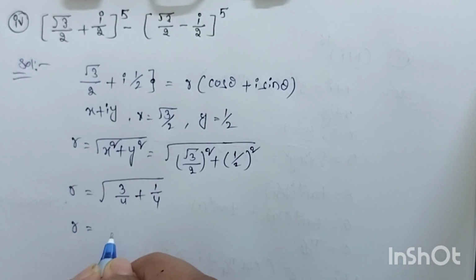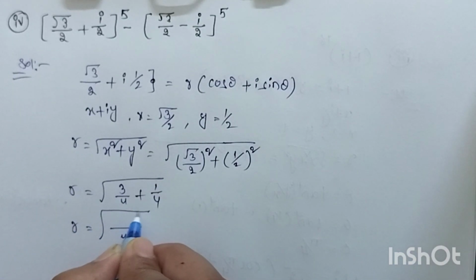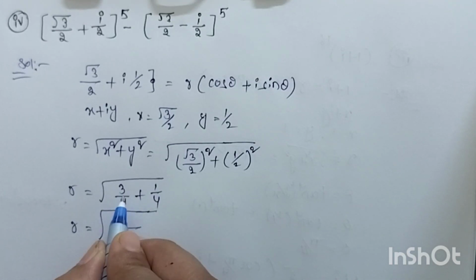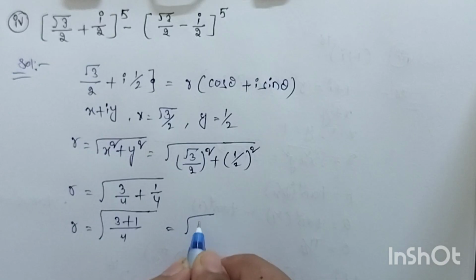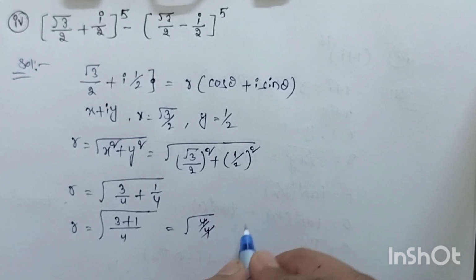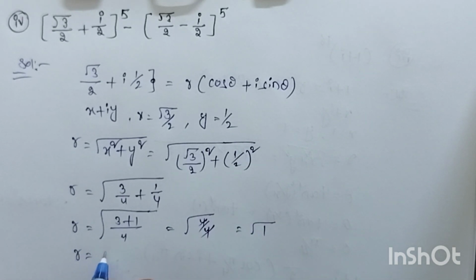LCM is 4, so under root of 3 plus 1 by 4, that is 4 by 4, which is 1. So r is equal to 1.